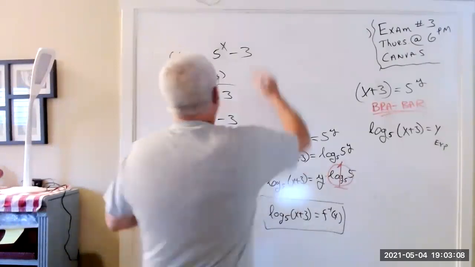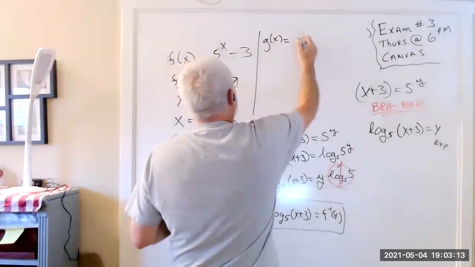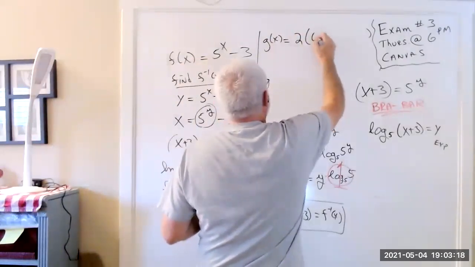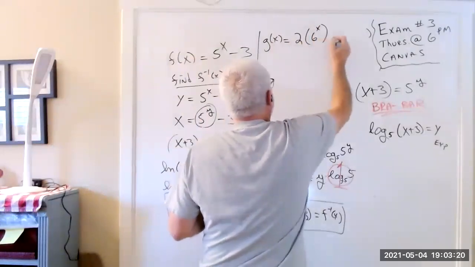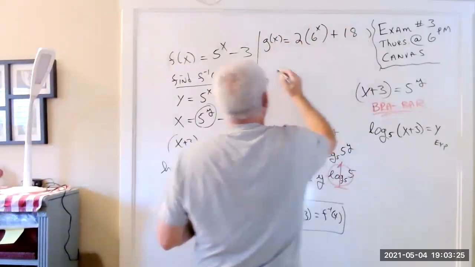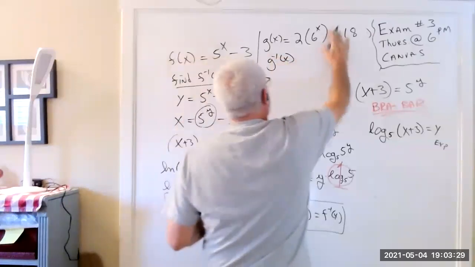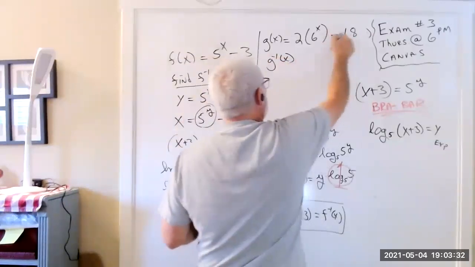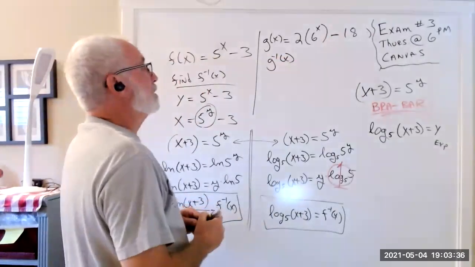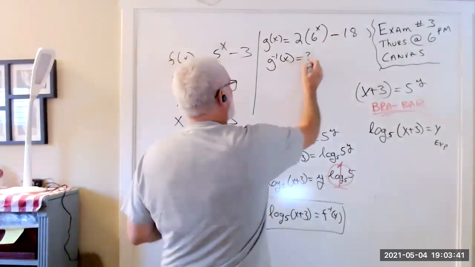So what I want you guys to do here is g of x equals 2 times 6 to the x power minus 18. I'm sorry, make it a minus 18. And I want you to find g inverse of x.